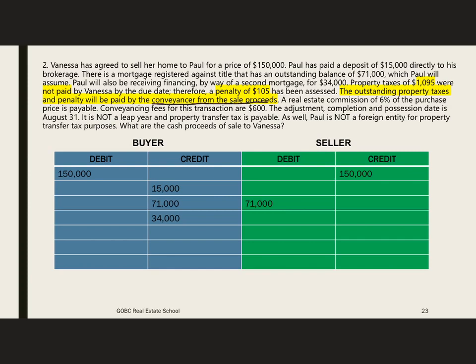It means that the statement of adjustments is actually going to take care of those unpaid taxes. So we have to take this $1,095 and the $105, and we have to actually debit the seller because they should have paid that. And then after that, we need to actually calculate the amount that the buyer would need to pay, because our adjustment date is August 31st.